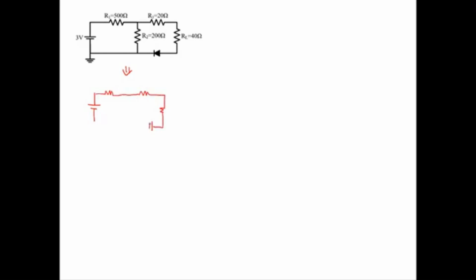This is 3 volt, this is 500 ohm, 20 ohm, this is 200 ohm, 40 ohm, and then this is 0.7 volt.